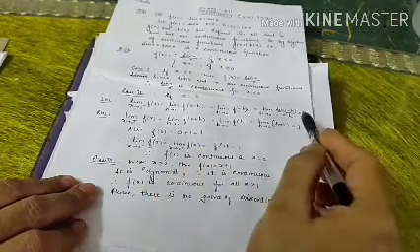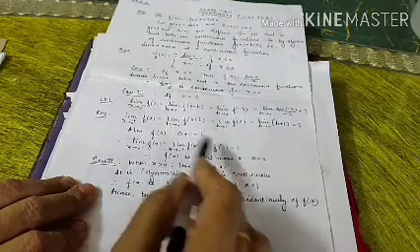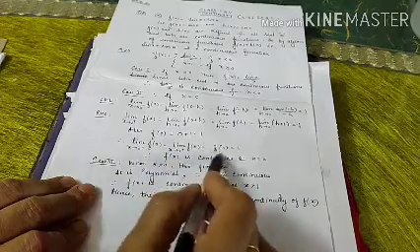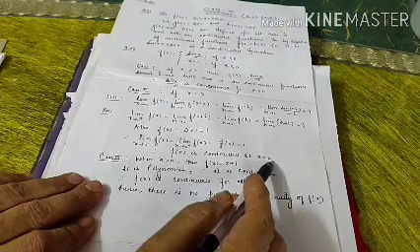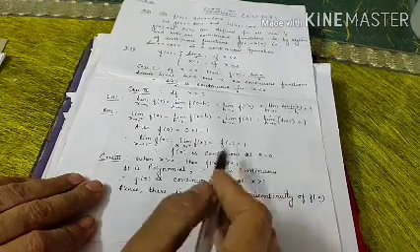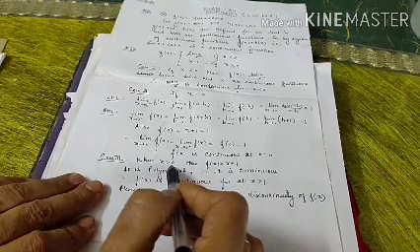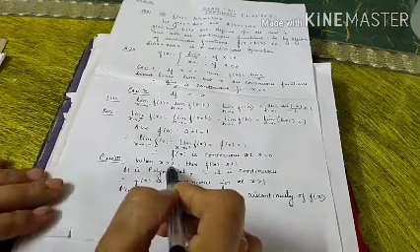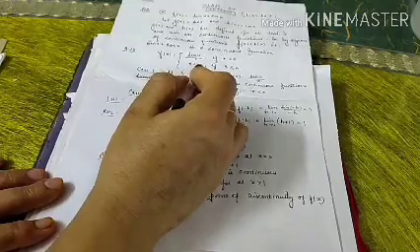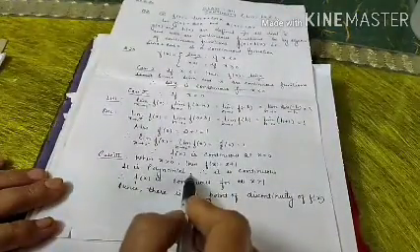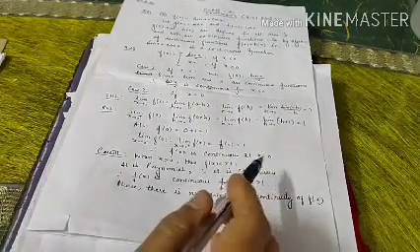So from here we see that the left hand limit at 0 equals the right hand limit at 0 equals the value of the function at 0, which is the condition of continuity. It means f(x) is continuous at x equal to 0. Now for x greater than 0, means for positive values of x, let us check whether the function is continuous or not. Then f(x) is x + 1, which is a polynomial function, and polynomial functions are continuous for all points of x.